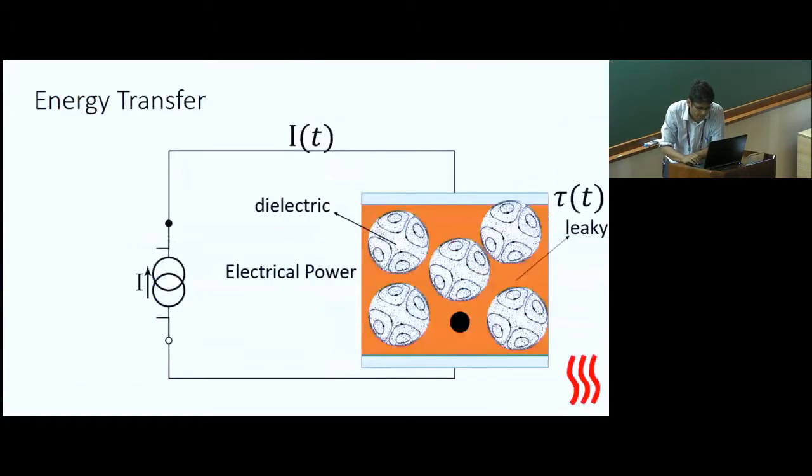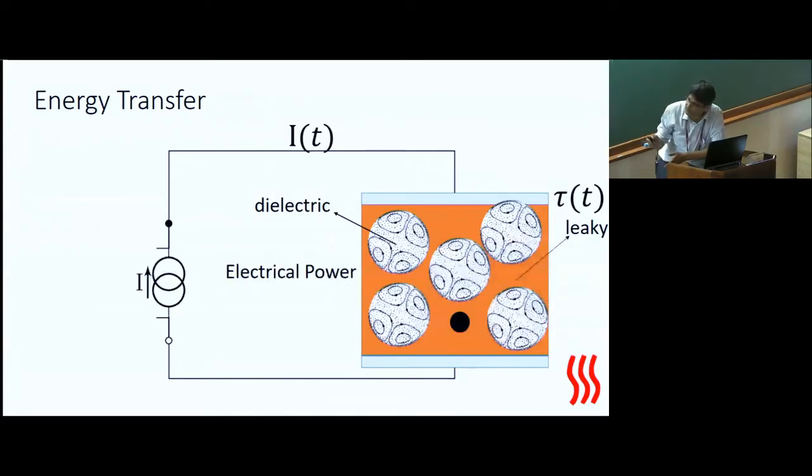So here is the energy transfer that you have in a system. You have a battery up here, or a source, which is a current, and the current is driving this whole system. These things move, and you dissipate energy in two ways. Either you heat up the whole system, which radiates and goes into the atmosphere, or there is shear stress, which is exerted at the boundaries.